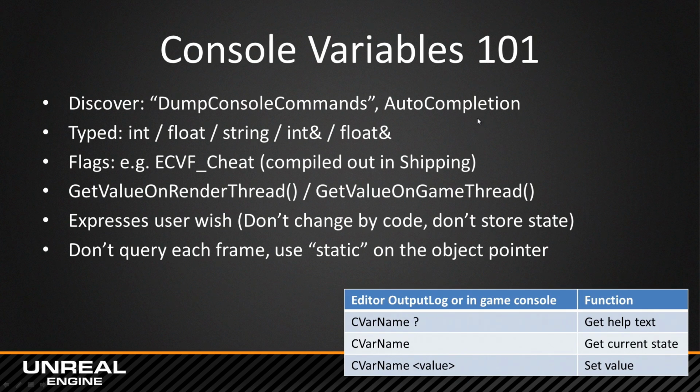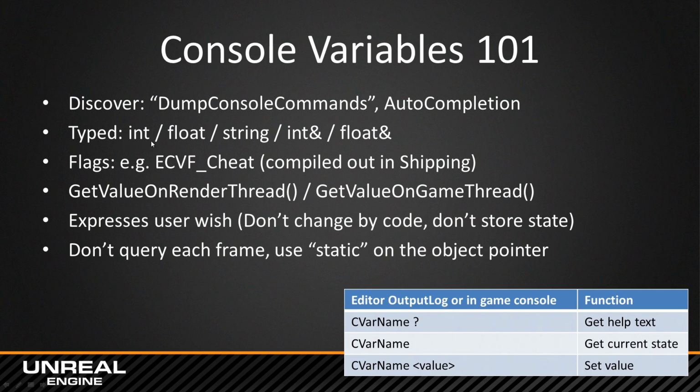You just start with r dot and then you see inside the console or inside the output log in the editor what kind of console variables start with that. And once you have a console variable name, you can easily get a help text by just putting a question mark behind it, and that help text should get you started. If it's a very bad help text, please tell us, but usually they're very good and give enough information.